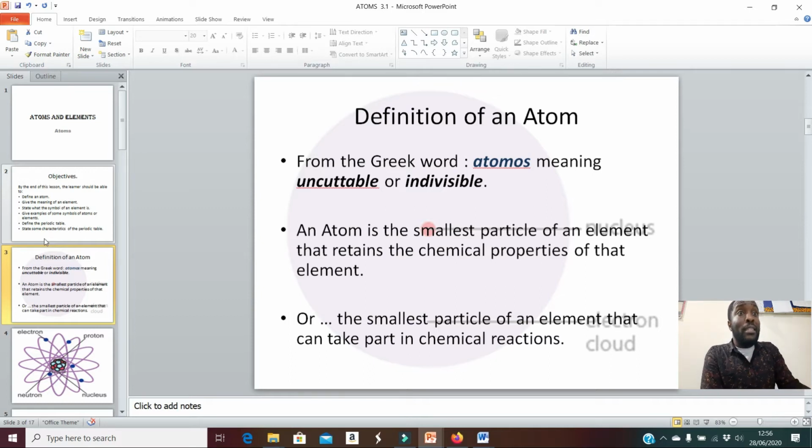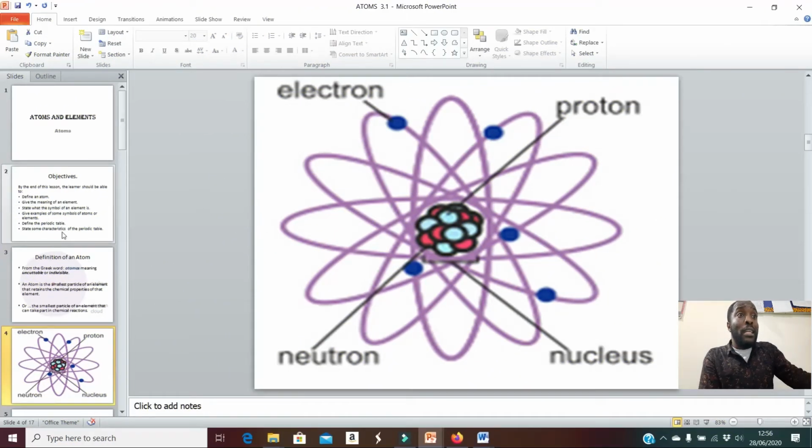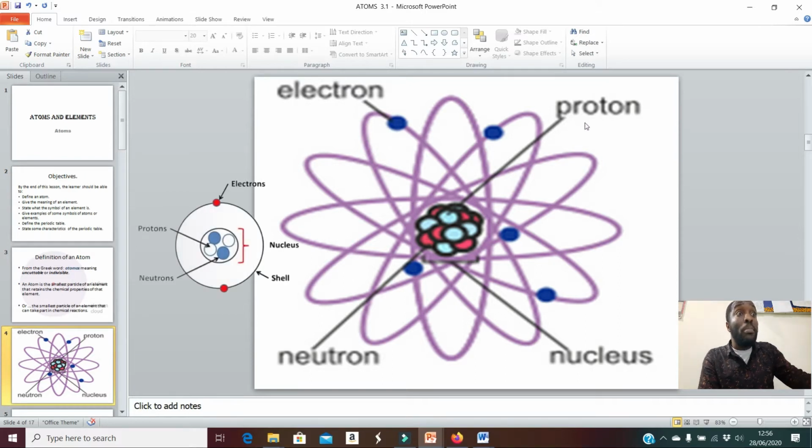Now, let's look at the structure of an atom. When we look at an atom, we have some components called the subatomic particles, and that is why the old version or definition of an atom being indivisible was discarded, because an atom actually consists of subatomic particles.